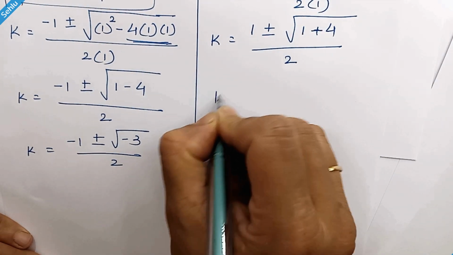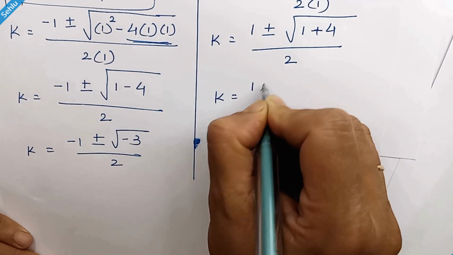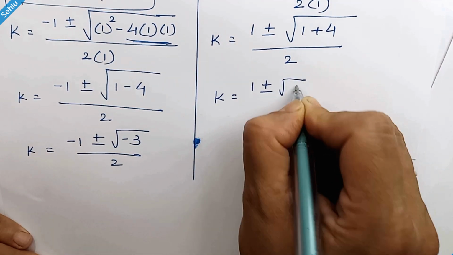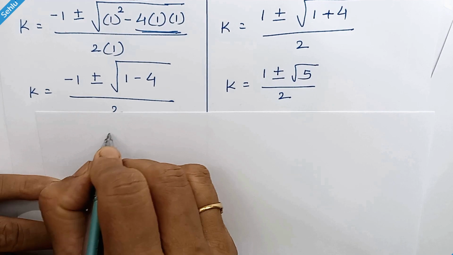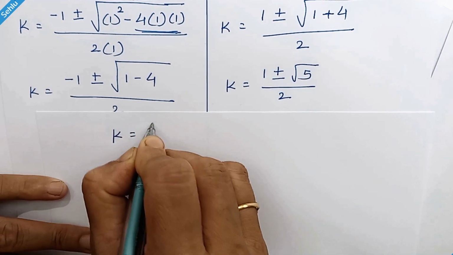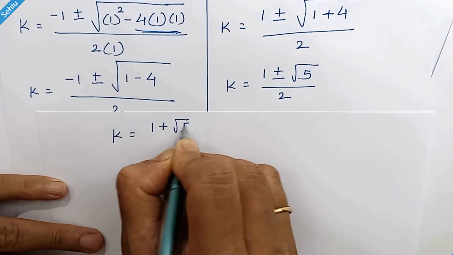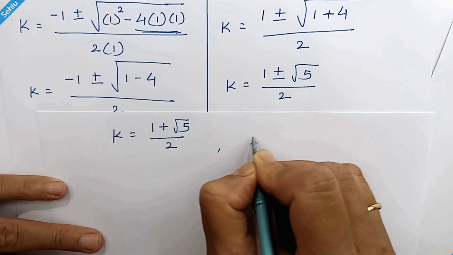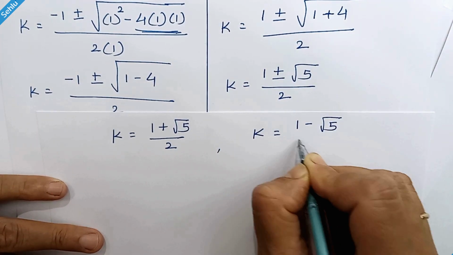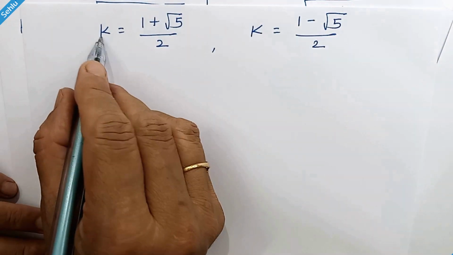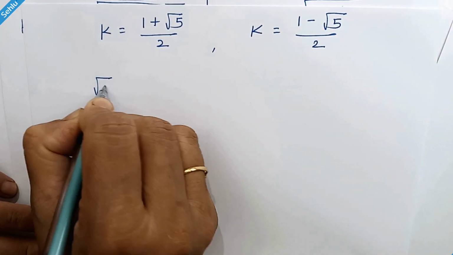So we have k is equal to 1 plus or minus square root of 5 over 2. Now here we can compare k is equal to 1 plus square root of 5 over 2 and k is equal to 1 minus square root of 5 over 2. k was taken for square root of x.